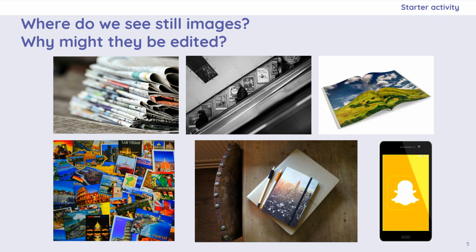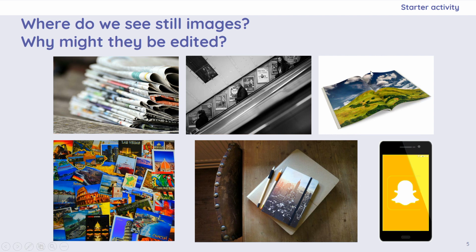They are going to make sure that these places look as amazing as they possibly can. The idea of a postcard is to share with people what you're doing on your holiday and to show off that place in the best possible way. So they might have been edited to make the sky bluer. They might have made it sunnier, brighter. They might have zoomed in on things. Lots of different ways that could have been edited.